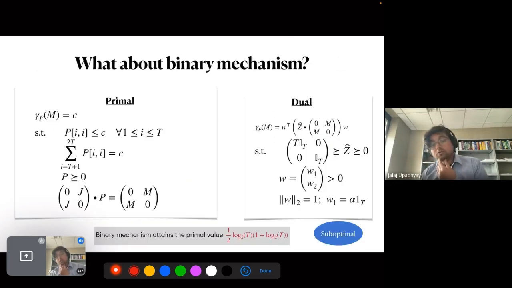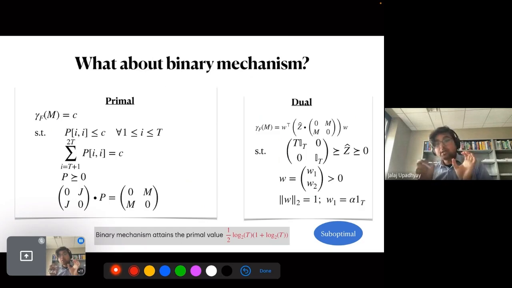And because we have just done all the hard work of writing the SDP form, we can actually prove that the binary mechanism is suboptimal. I can think of the binary mechanism also as a factorization mechanism, where my factors have some nice special form.